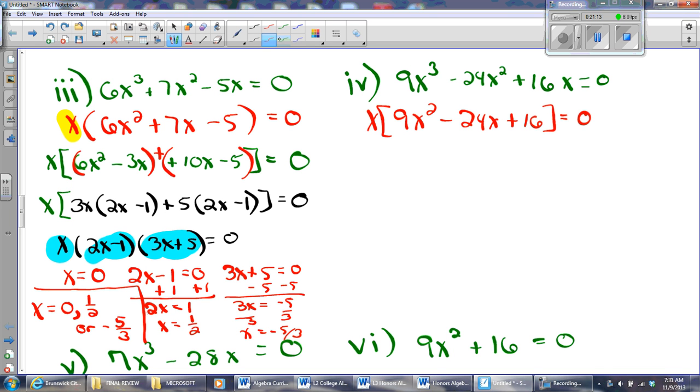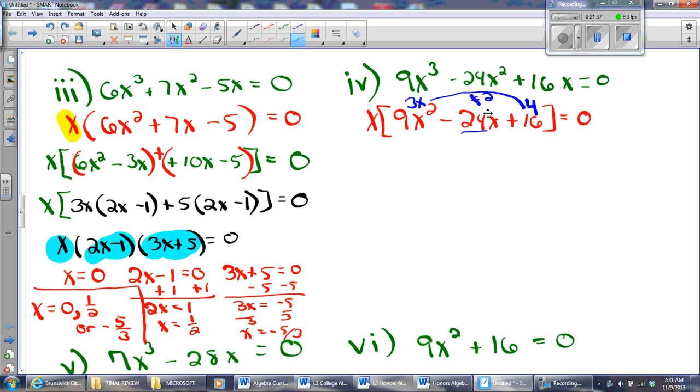That's going to be a rough one to do, but if I notice that this is a perfect square and its square root is 3x, and this is a perfect square, so square root is 4. If I multiply these two together, I get 12x, and if I double it, I get 24x. This is the perfect square trinomial I've told you about.